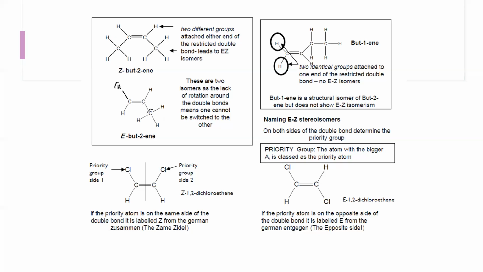Here we can check that this one is heavy, but for the other carbon we cannot say which one is heavier or lighter because both are hydrogen, so it does not have a geometrical isomer. The same thing for but-1-ene: there is no geometrical isomer. For but-2-ene, it shows E-Z isomerism. Is this geometrical isomer clear?